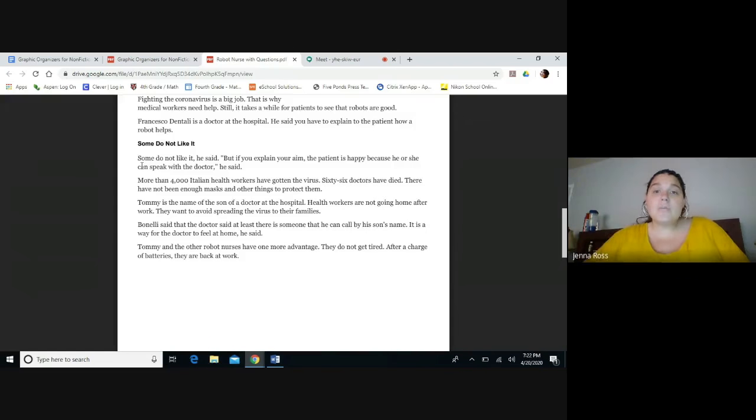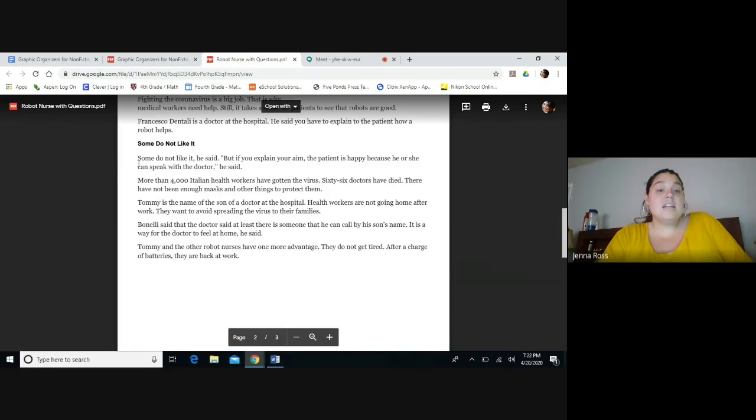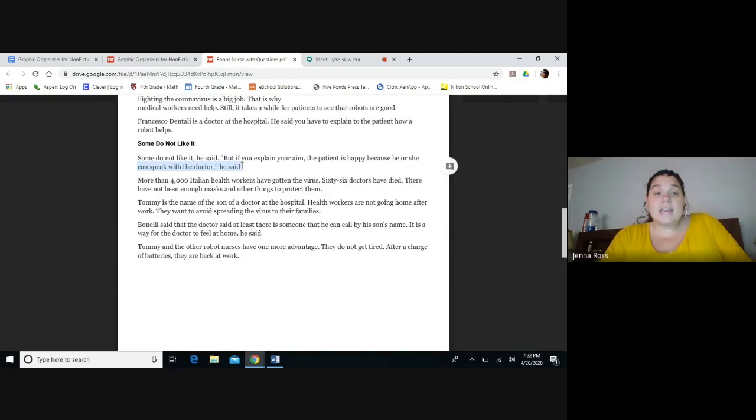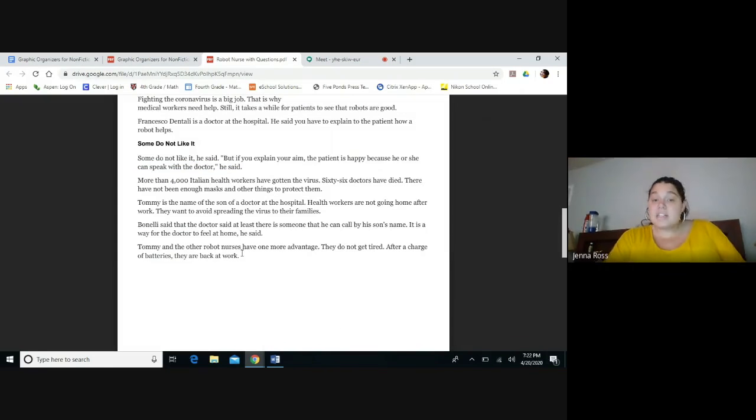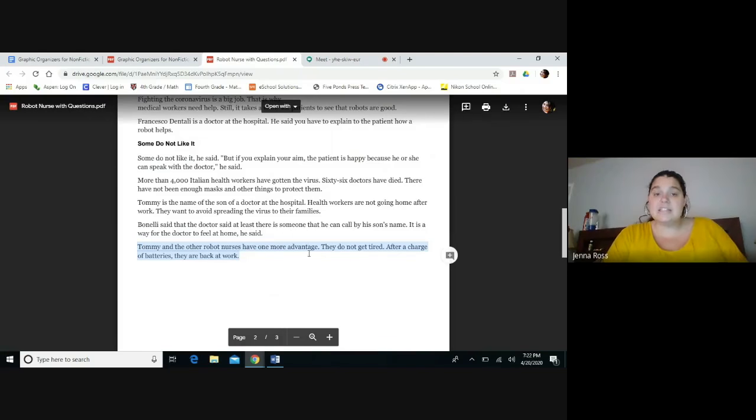Okay, so there's good information in here, but a lot of small details. So I think the most important thing here is that some patients don't like it, and also that one of the other advantages of these robot nurses is that they don't get tired. This last sentence here about the charging, I'm going to use that as my last sentence here.